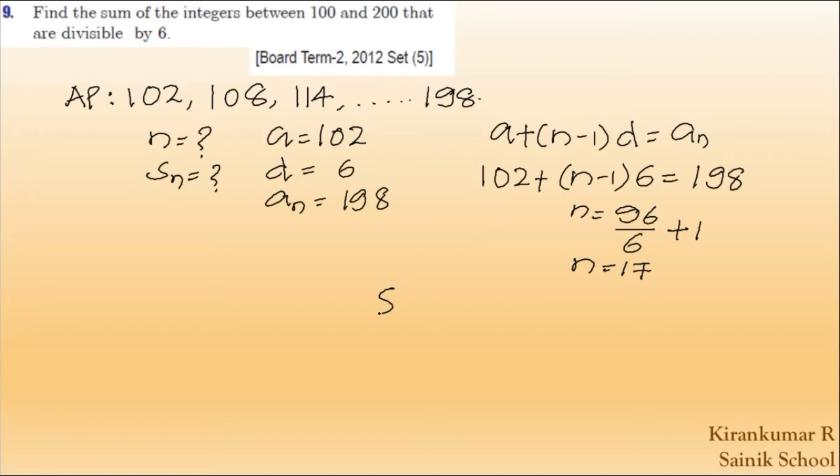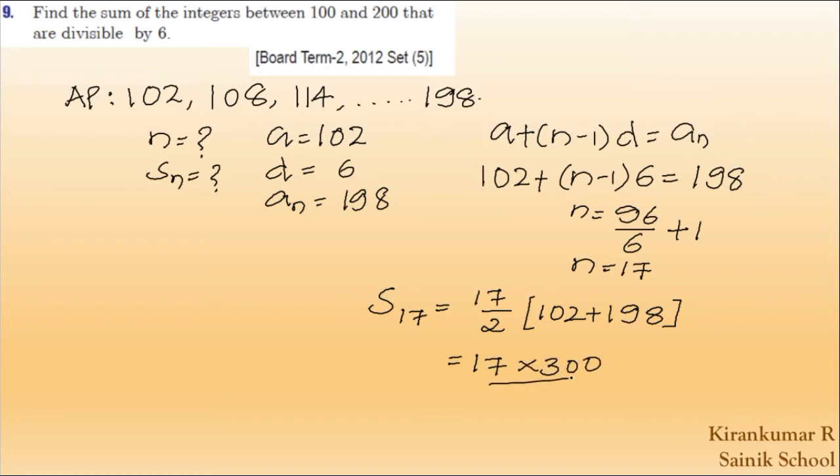So we need to find out the sum of the first 17 terms, which is 17 by 2 multiplied by (a + an). A value is 102 and an value is 198. On adding 102 with 198, it becomes 300. So 17 is to be multiplied by 300 divided by 2.